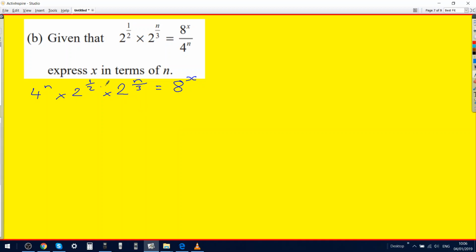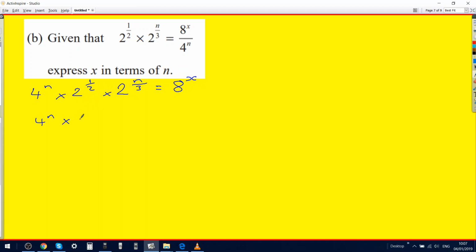So you could multiply the middle and the last, because they're both to the power, they're both the same base 2. So that's 4n.